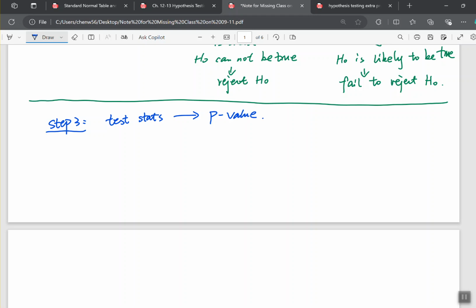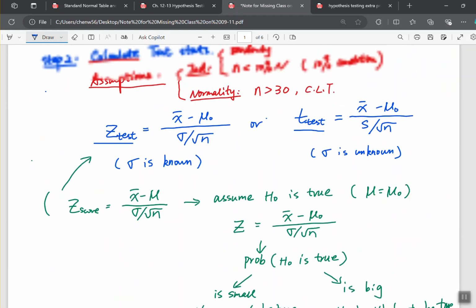But to be consistent, because not all of you have the graphing calculator, in this course we'll just use the table to find the p-value. But if you can find other ways to find the p-value, it is totally okay. All right, so now let's assume the test statistic is already calculated based on these two formulas.